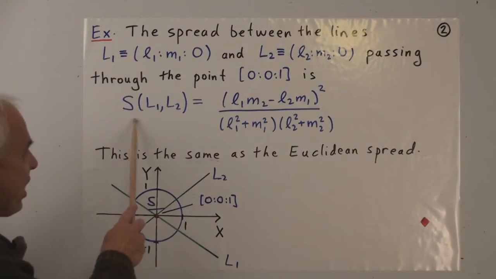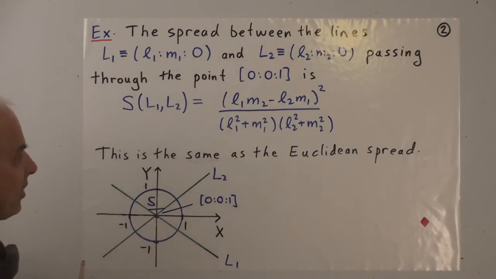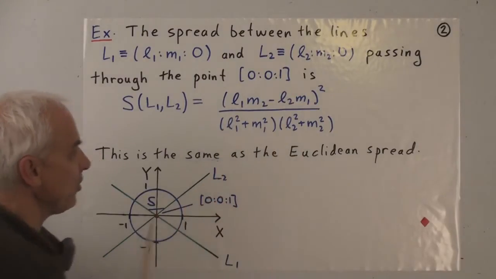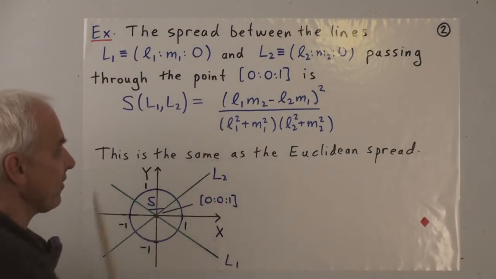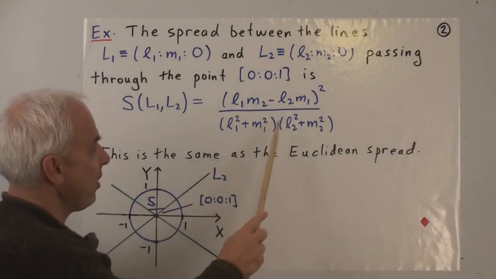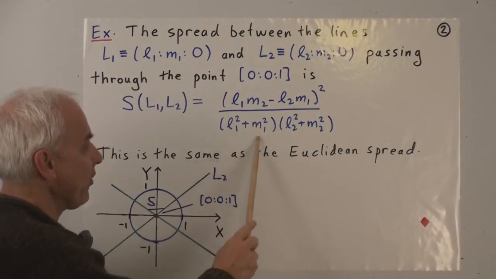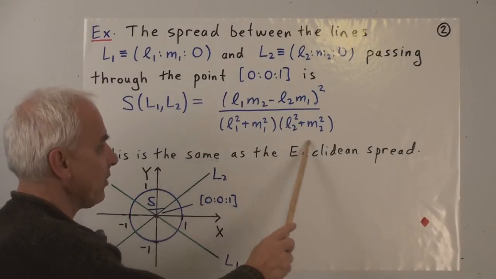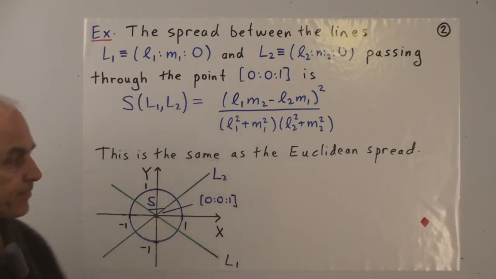So there's only one term left in the numerator. The two minus signs have cancelled, and we get (l1 m2 − l2 m1) all squared divided by (l1² + m1²)(l2² + m2²).